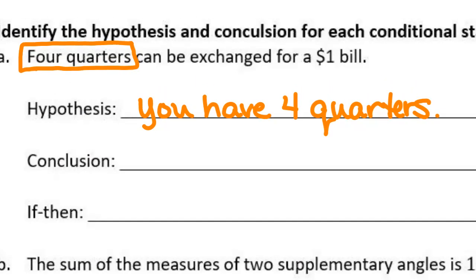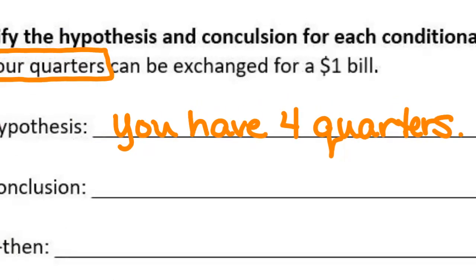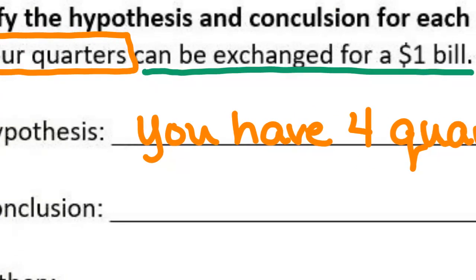My conclusion I have to change into a full sentence as well. So I have to change this into a whole sentence that can stand by itself, can be exchanged for a $1 bill. So I can say something like, you can exchange your quarters for a $1 bill. Something like that. I have to make it into a whole sentence that can stand by itself.